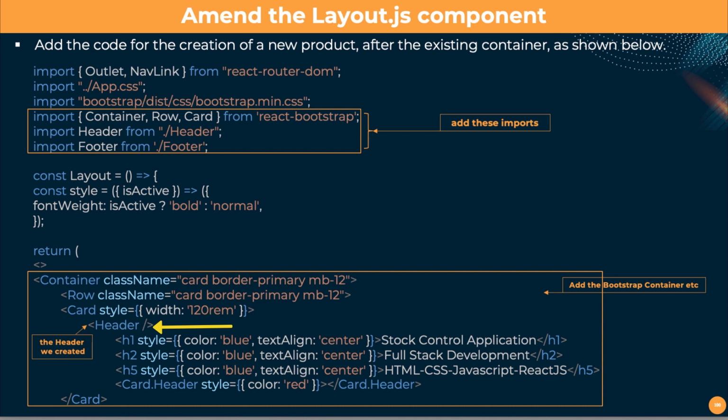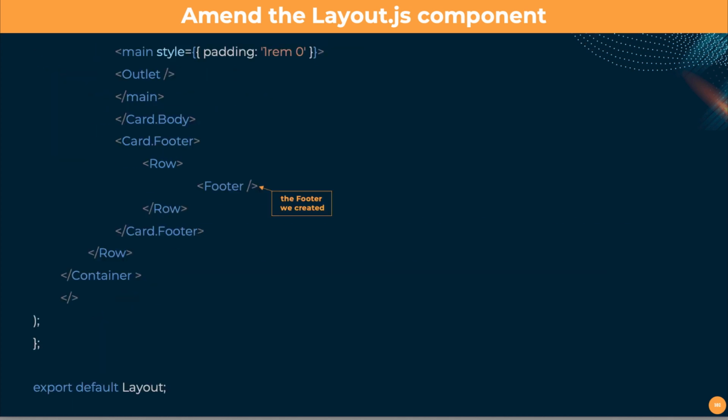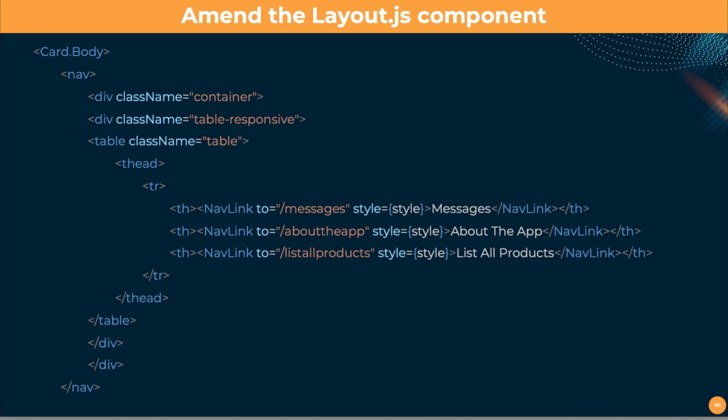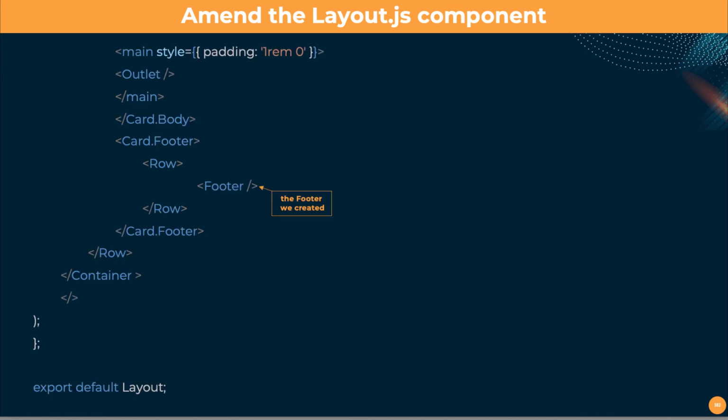So we're essentially injecting our header inside this container. And then at the end, we will be putting in our footer. And the rest of it is really just the nav that we had before. So we're going to amend the layout.js so that it has all of these components.